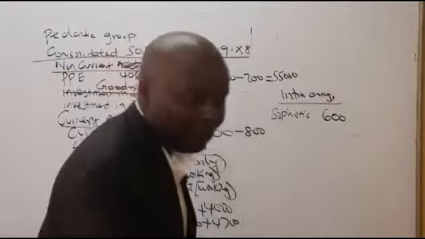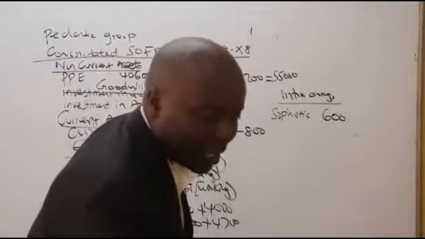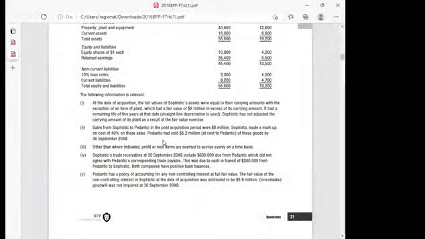And then we have a pedantic, on the other hand, has an internal owing. Internal owing, we are told here, it includes 600 due from pedantic, which did not agree with the pedantic corresponding trade payable. This was due to cash in transit of 200,000 from pedantic to sophistic. Both companies have positive bank balances, that is useless.